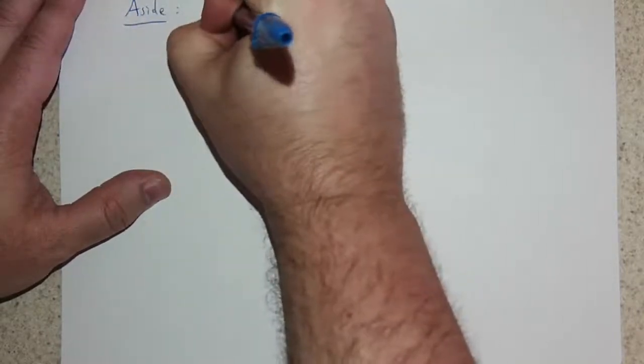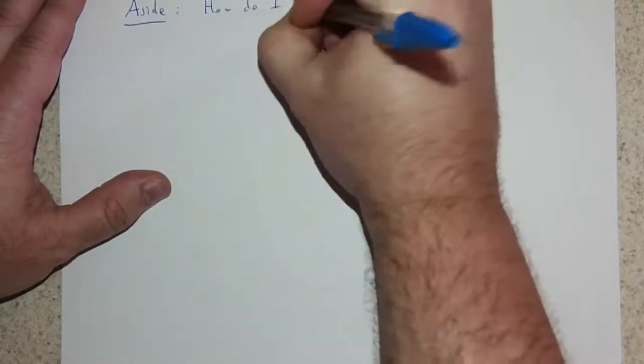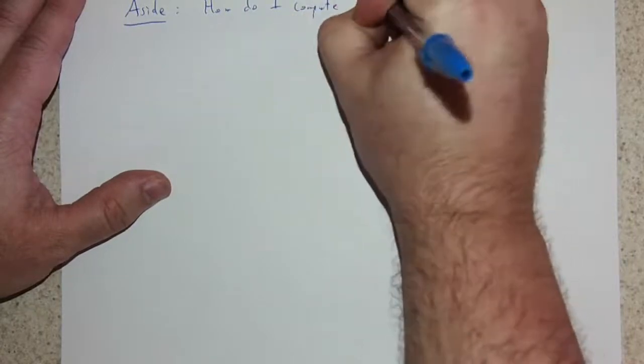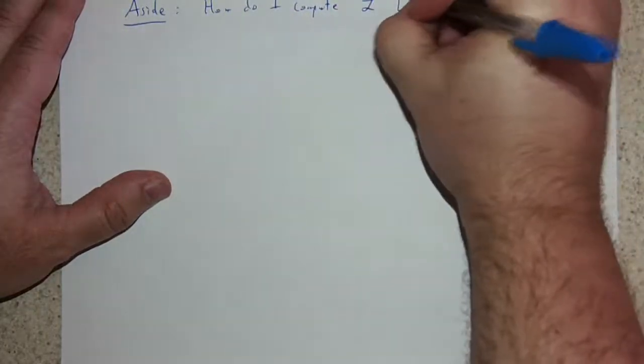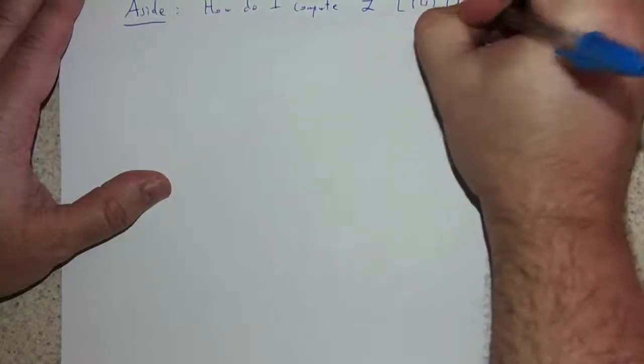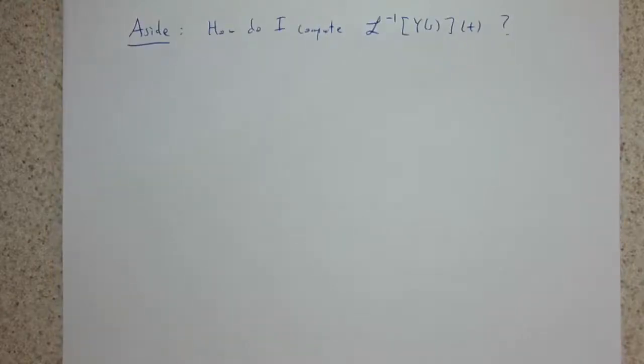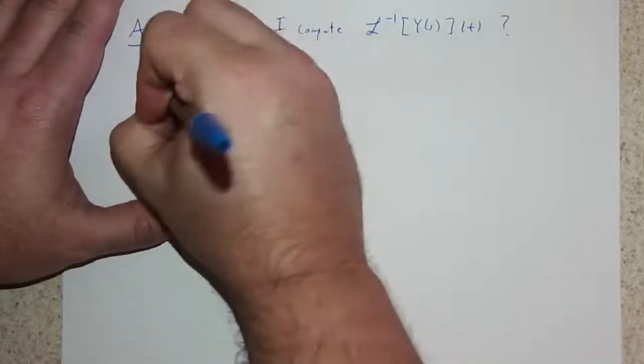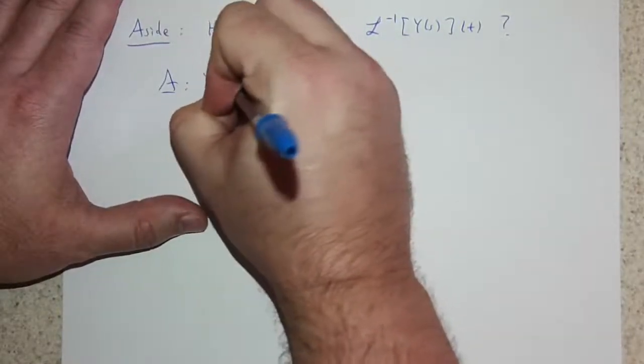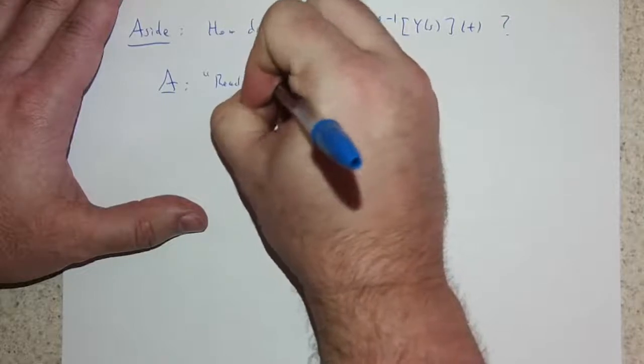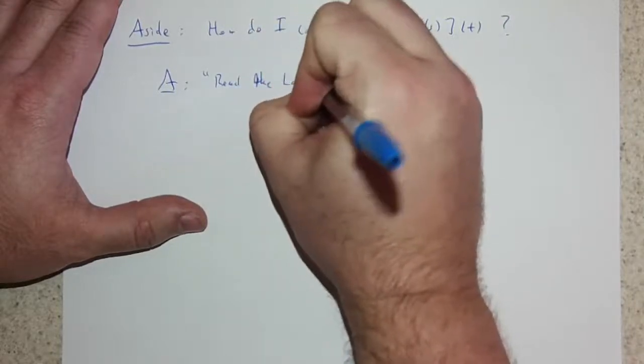So here's a little aside. How do I compute the inverse Laplace transform of, we'll say, big Y of s, at t? How do I compute this? The answer is to read the Laplace transform table backwards.